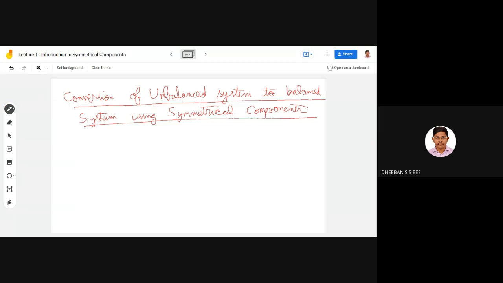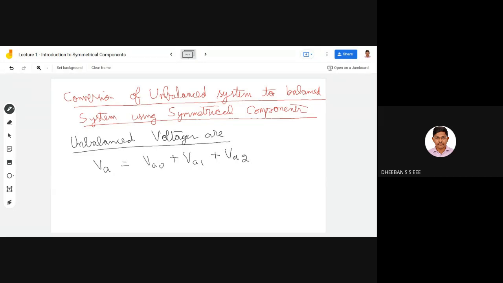So first you have to write the unbalanced voltages. So the unbalanced voltages are, starting with your A phase, VA will be equal to a combination of all the three sequences, that is, starting with your zero sequence, followed by your positive sequence, followed by your negative sequence.